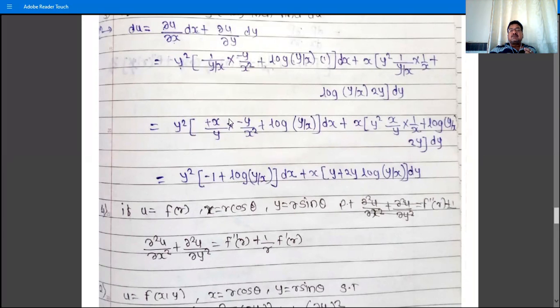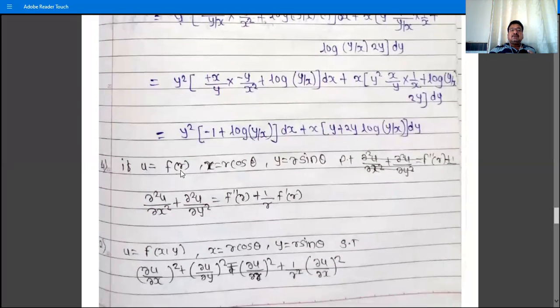Here write x square, because here is x, so x square by x square gets cancelled. y by y, minus y by y is minus 1. Okay, plus log y by x dx plus x, the calculation of this quantity is again: x gets cancelled, y square by y is y, plus 2y log y by x. So this is the final answer.